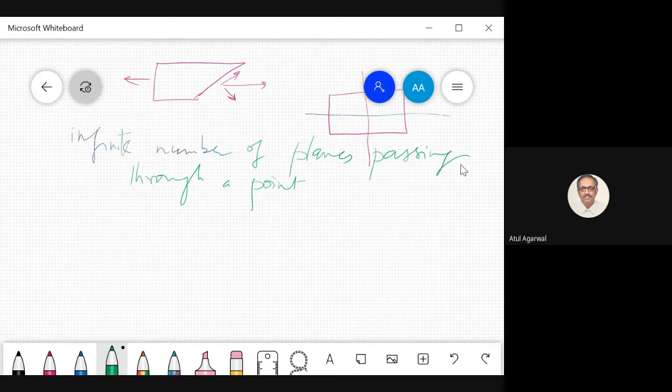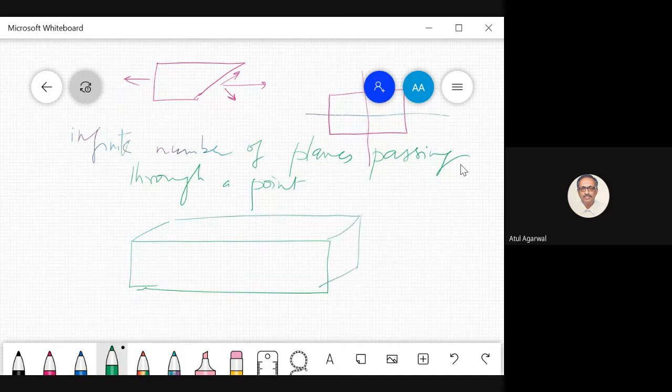Anybody? You have a body. You take a point in the body, you can pass infinite number of planes through it. The planes can have different orientations.